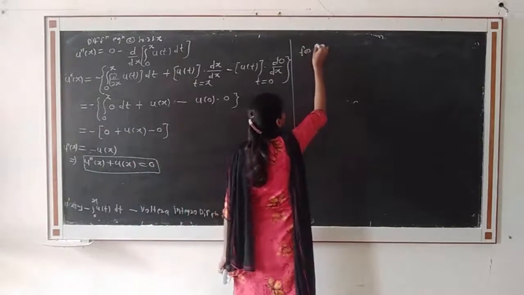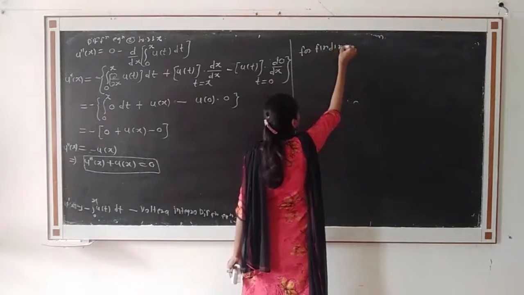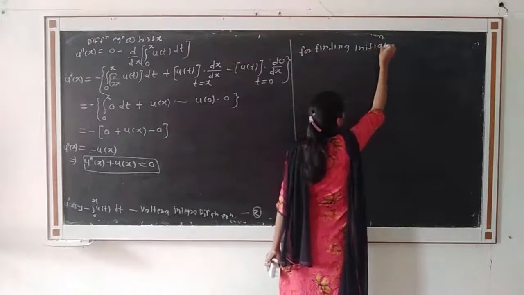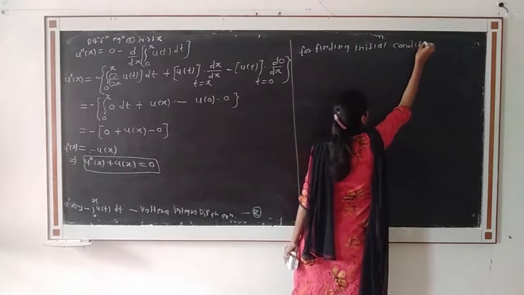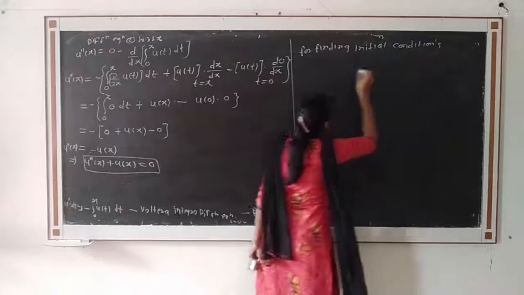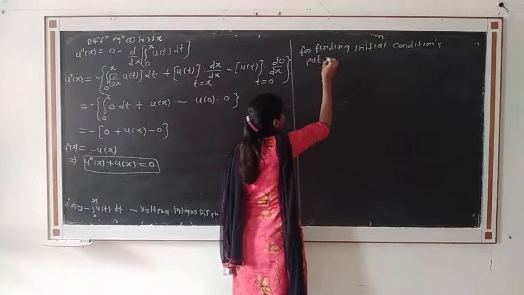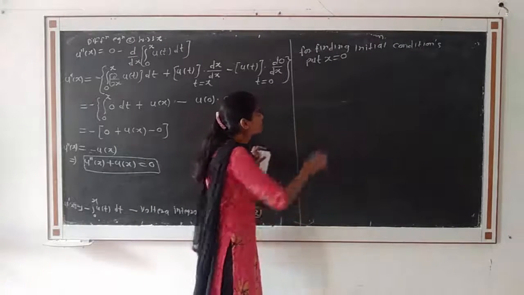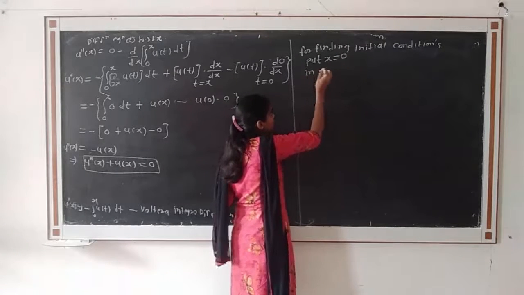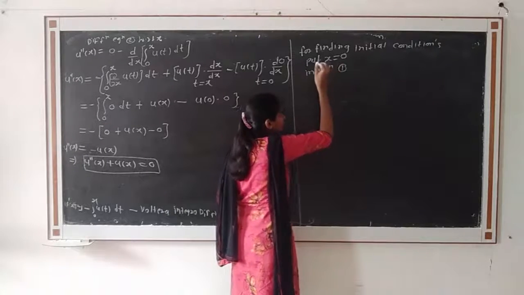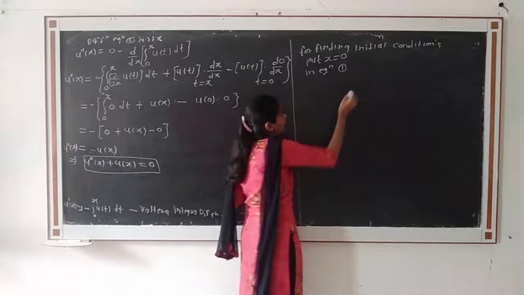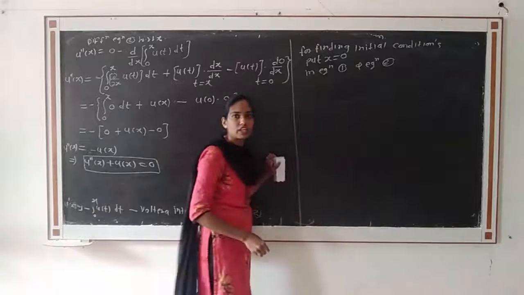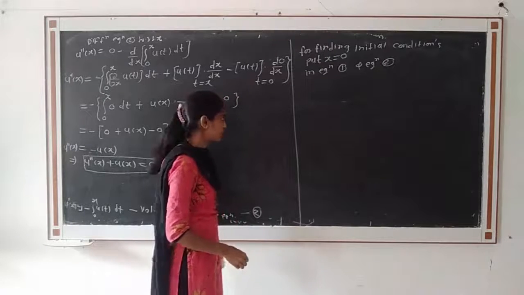For finding initial conditions, put x is equal to 0 in equation number 1, that is the Volterra equation, and in equation number 2, that is the Volterra integral differential equation.